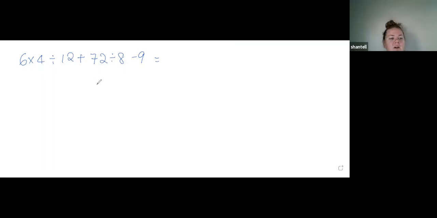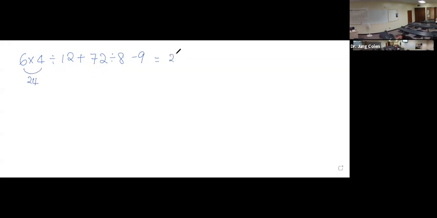So 6 times 4 is 24. So 24 divided by 12 plus 72 divided by 8 minus 9. Then what?